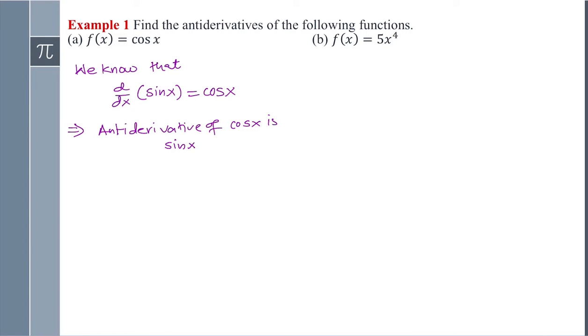Or in more general, we'll write the antiderivative of cosine x, let's denote that by F of x, equals sine x plus c. Okay, so we write that constant.